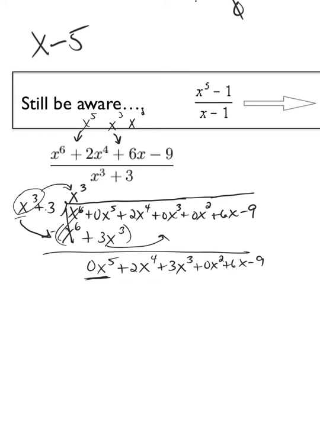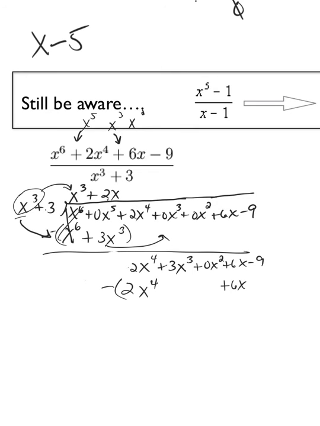Now we are able to erase this first term and focus on the next one that has a numerical coefficient that's not 0. So I have to figure out, what do I multiply x cubed by to get to 2x to the 4th? And that would be 2x. 2x times x cubed is going to be 2x to the 4th. 2x times 3 is 6x.